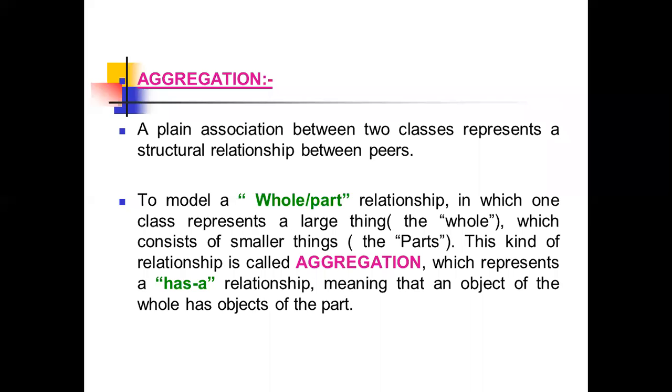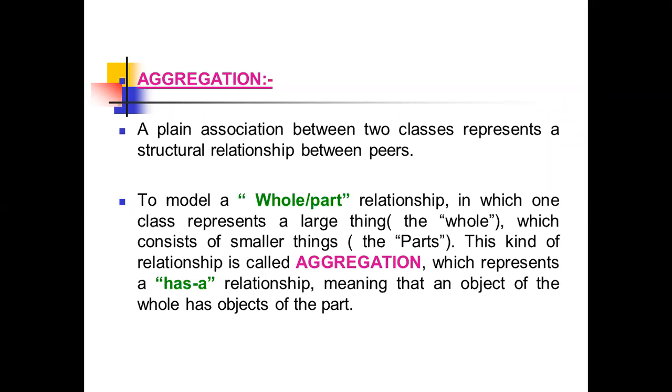This kind of relationship is called aggregation, which represents a has-a relationship, meaning that an object of the whole has objects of the part. So an operation on the whole propagates to the parts. It may be multiple.